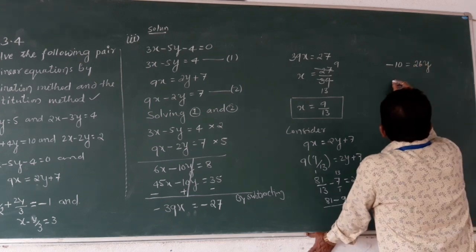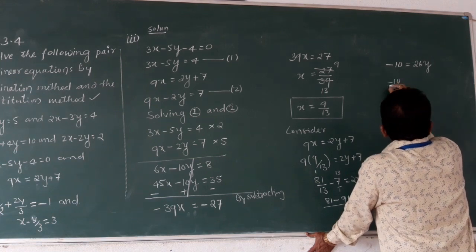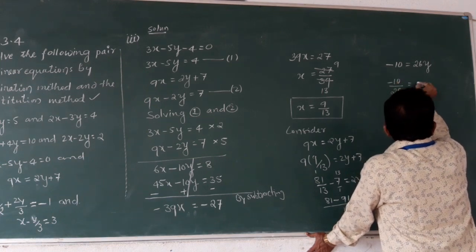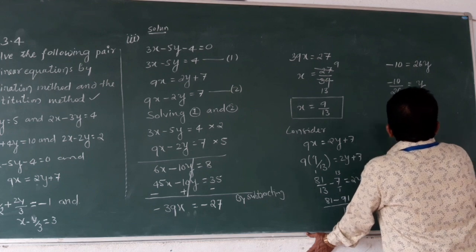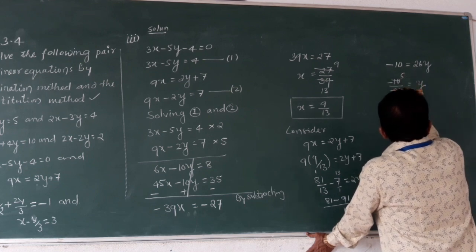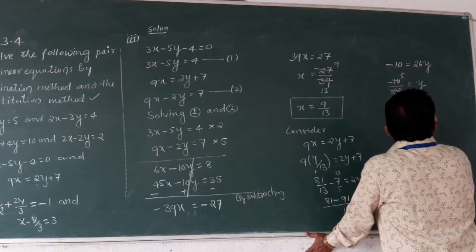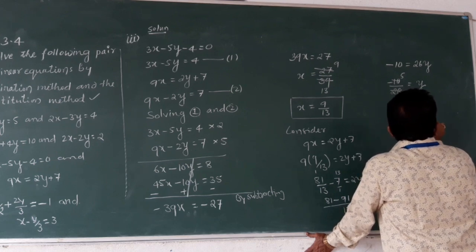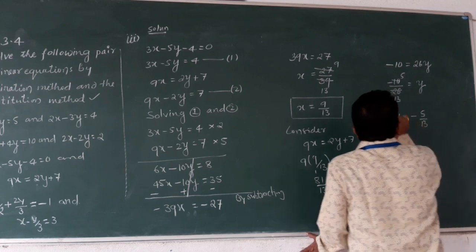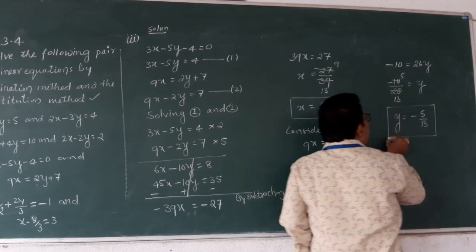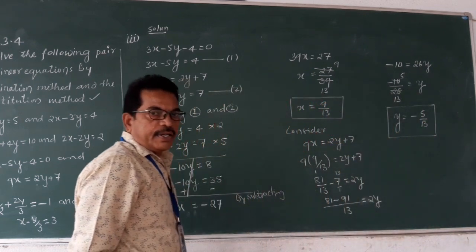So minus 10 divided by 26 equals y. 2 5s are 10, 2 13s are 26. Therefore y equals minus 5 by 13.